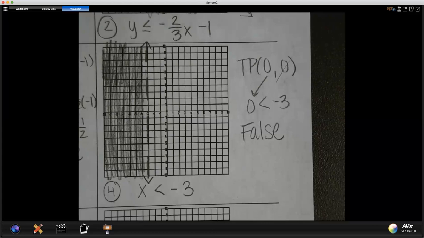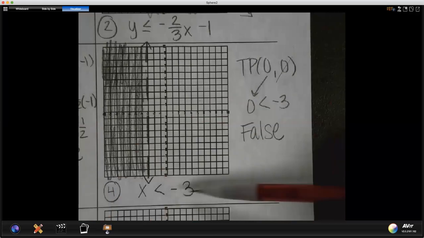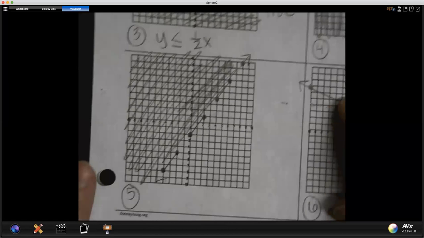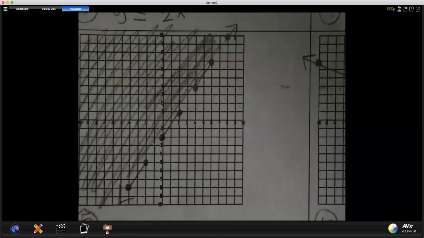All right, on 5 and 6, they're going to be a little bit different and a little bit difficult for notes just because it's a little harder to see. For 5 and 6, I am going to present you a graph and you're going to tell me what inequality is graphed, essentially going backwards. I'm going to zoom in as much as humanly possible.